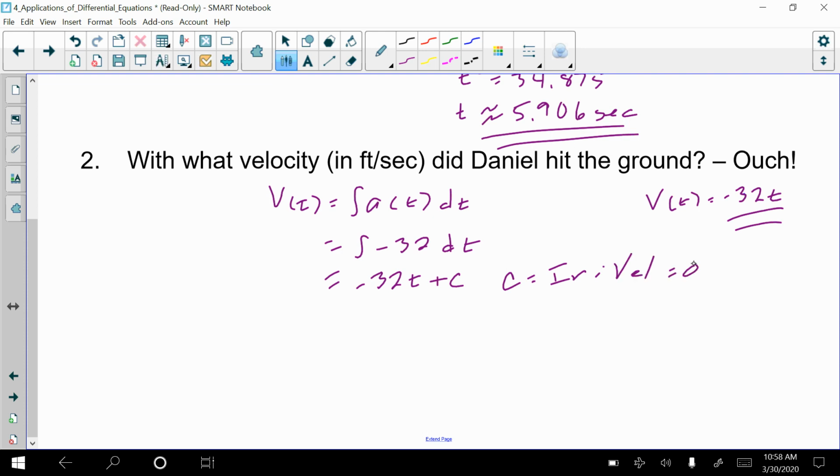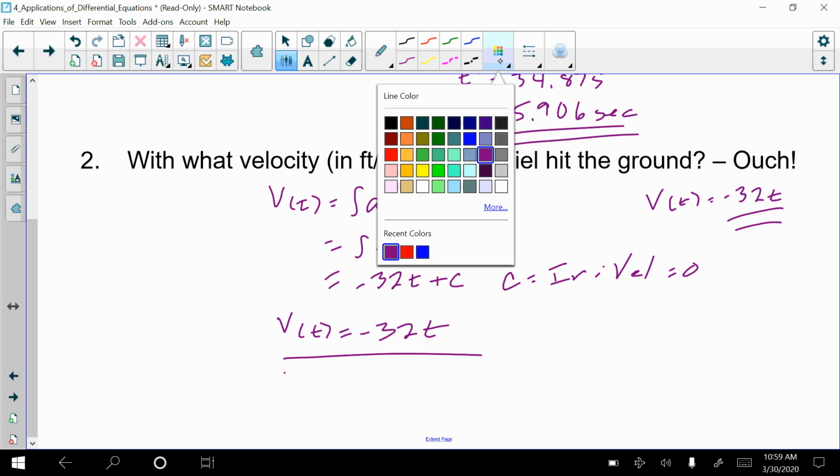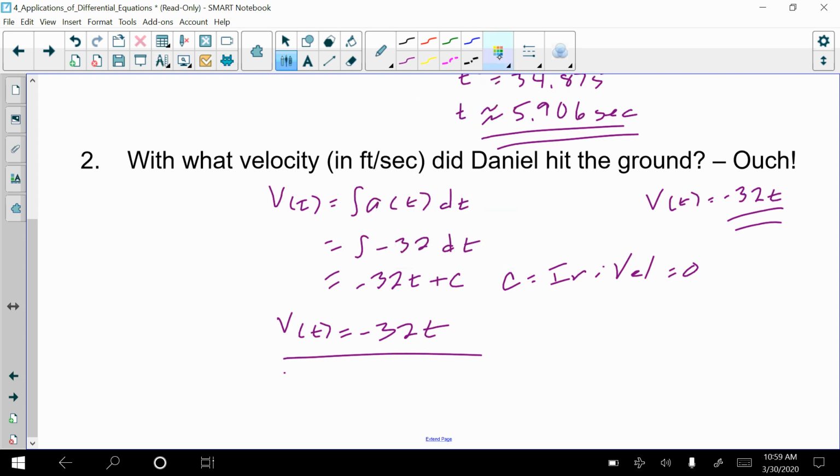So we have v of t to just be negative 32t. That is our velocity function. Now we can use the velocity function and the time that we got from the last problem to see how fast he was going when he hit the ground. I'll do that in the space on the left where I have a little more room to write.